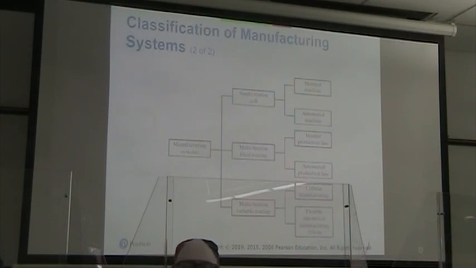Under single station cells, you either have manned machines or automated machines. Multi-station fixed routing, you have a manual production line or an automated production line. And with multi-station variable routing, we either have cellular manufacturing or we have flexible automated manufacturing systems.